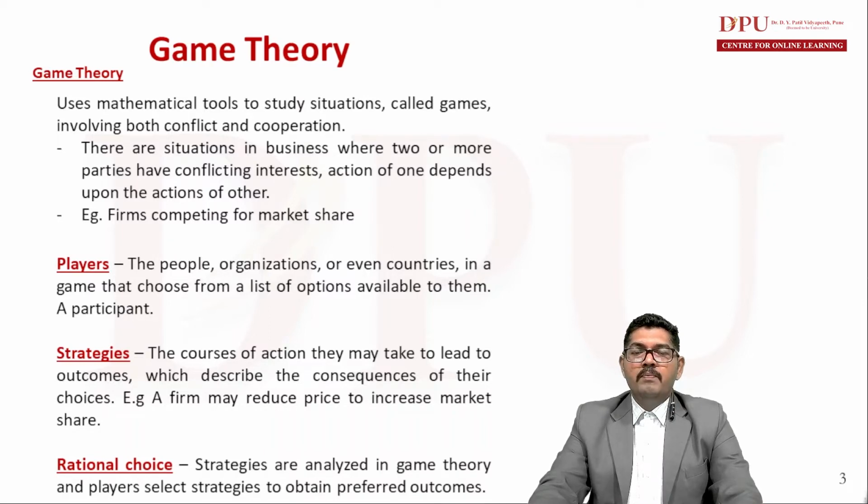These courses of action are called strategies. For example, a firm may reduce price to increase market share, or the firm may increase advertisement expenditure to increase market share. One can have multiple courses of action, and one has to choose the better course of action, which will determine the success of the player. Rational choice: strategies are analyzed in game theory and players select strategies to obtain the preferred outcome.